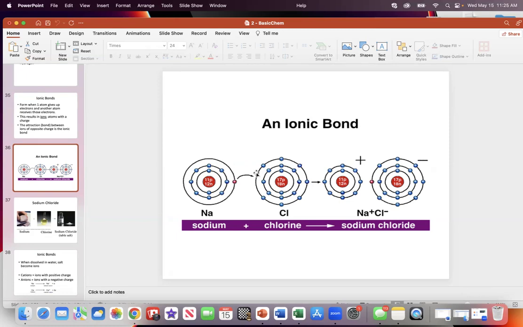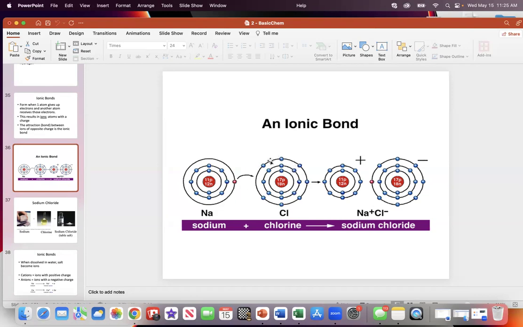Happy means low energy. Then let's look at the chloride. Chloride's atomic number is 17. So it's 17 protons. It must have 17 electrons. The first layer 2, second layer 8, 2 and 8 together 10. So the third layer 7.